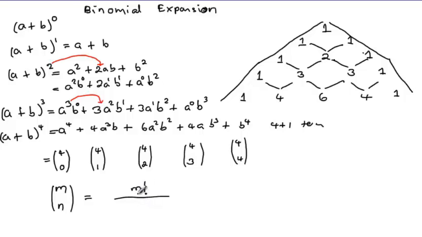Okay, so if there's someone who doesn't understand exactly what this means, I'll explain it now shortly. Then down here, you're going to have m minus n factorial, and then you're going to have n factorial. So first, let's start by factorial, if you want to understand what factorial is.